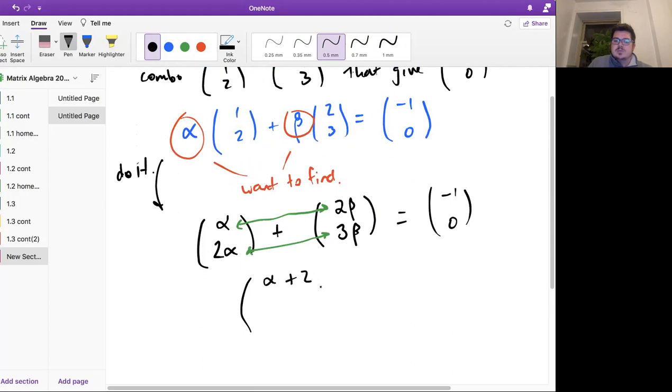Alpha plus 2 beta, 2 alpha plus 3 beta. Sorry, wouldn't it be 2 alpha? The 2 alpha is coming down from here.